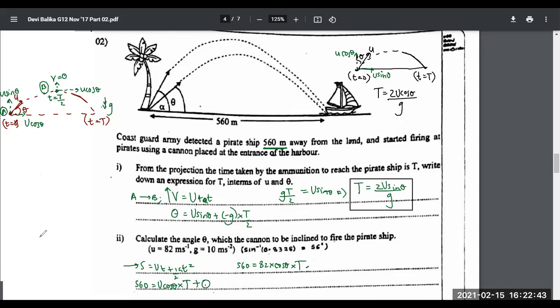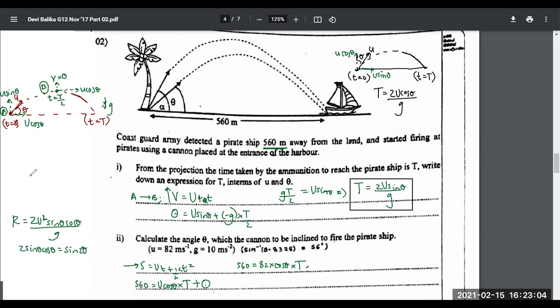Now there is this equation for horizontal range in projectile motion, that is R equals 2u squared sine theta cos theta over g. The issue here is math students know 2 sine theta cos theta can be written as sine 2 theta.